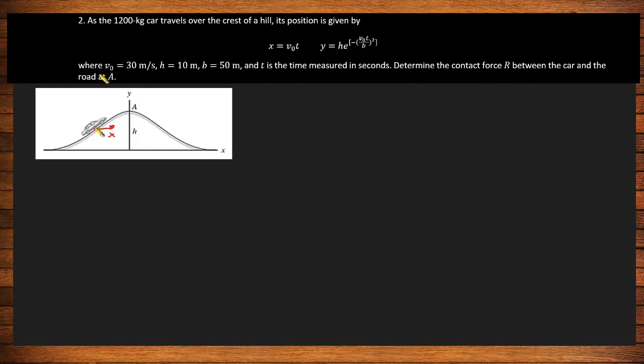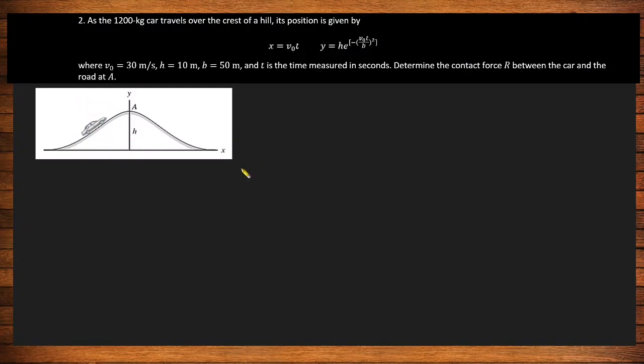So v sub o natin, that is a constant na given. It does not depend on the motion along the y direction. And then similarly, yung position ng car natin along the y direction does not depend on the motion along the x direction. So therefore, these two equations are uncoupled. They are independent of each other.